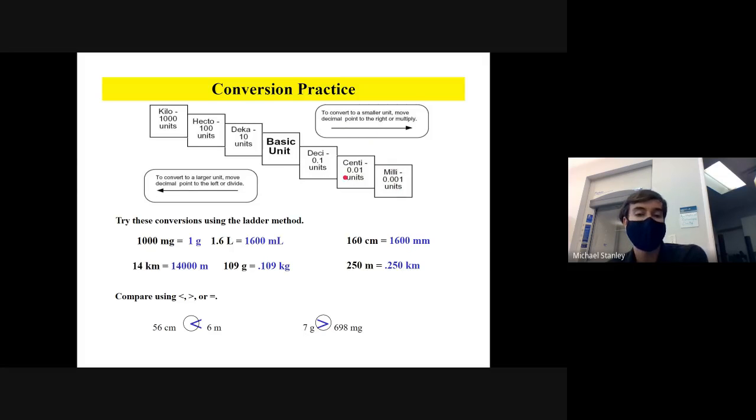So again, starting point, ending point, we took one jump to the right. We move that decimal point one jump, and now all we do is add an extra 0 onto our number and call it a day. So 160 centimeters is equivalent to 1,600 millimeters.